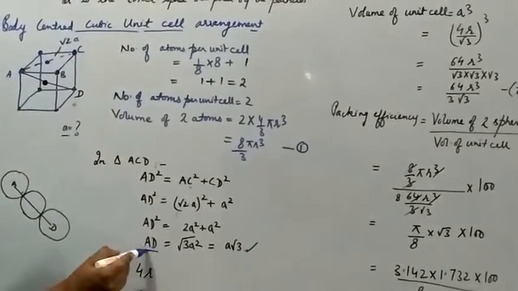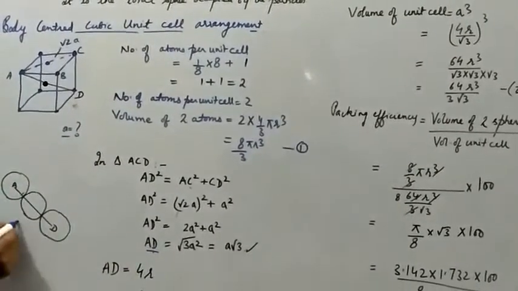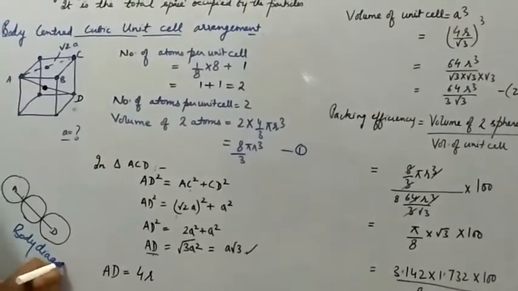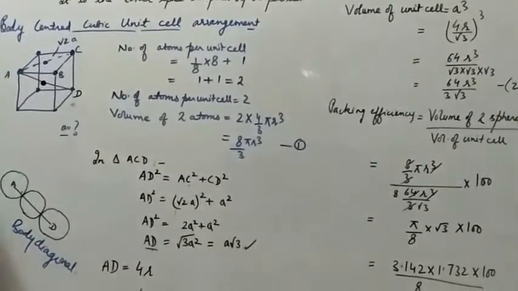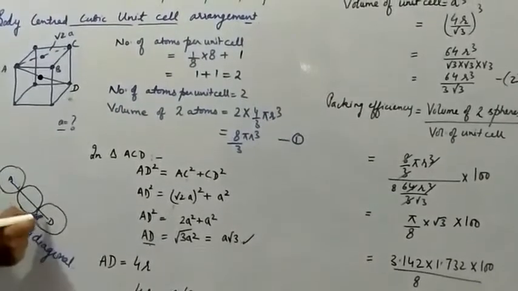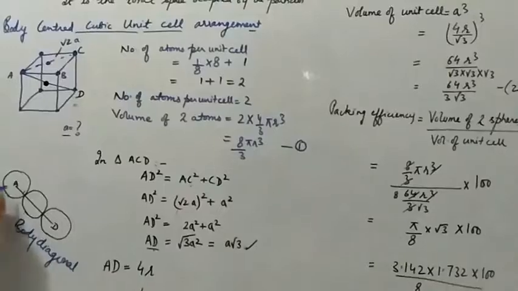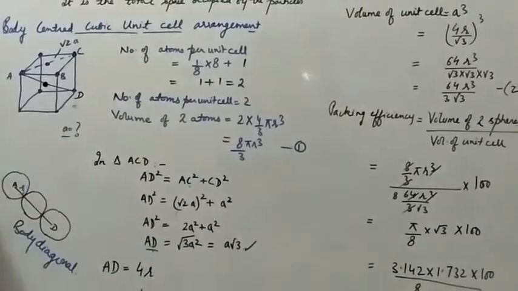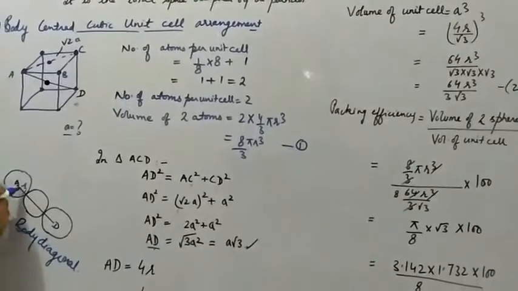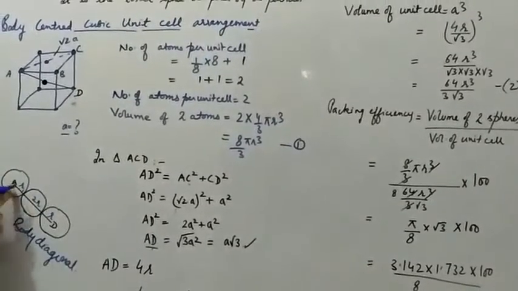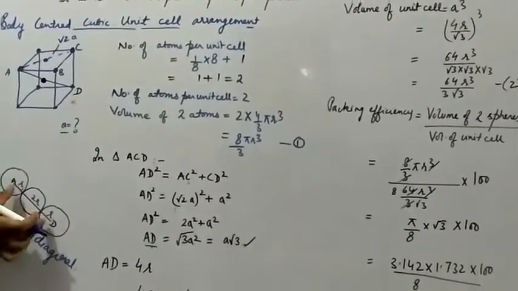Now AD is the body diagonal, and the 3 atoms are placed along this body diagonal. If they are considered to be touching, then we find the length of AD in terms of r.